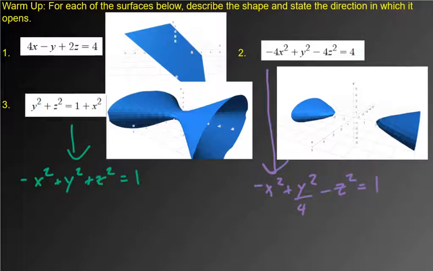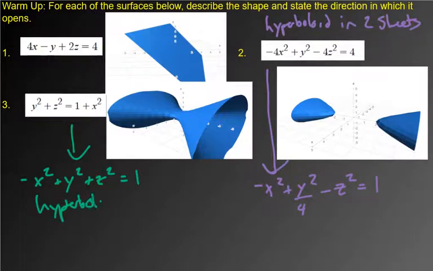And the thing that's weird, so these guys are called the hyperboloids in 2 sheets, just 2 parts. And then this one is the hyperboloid in 1 sheet.